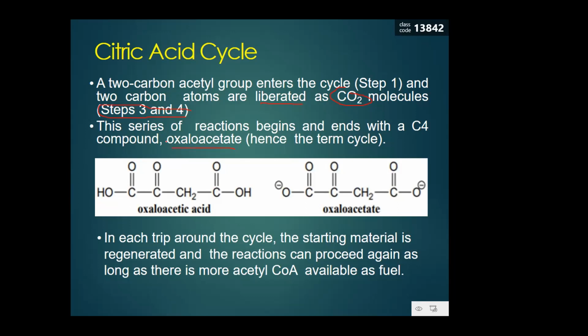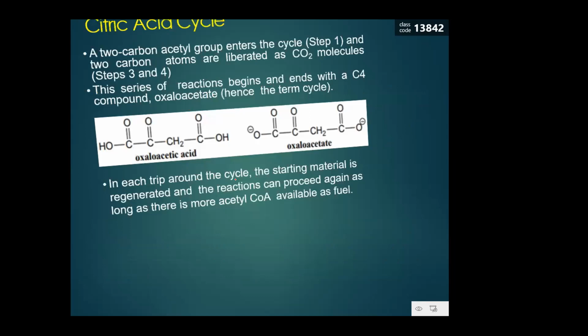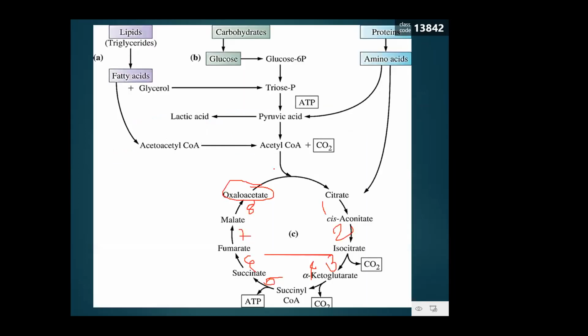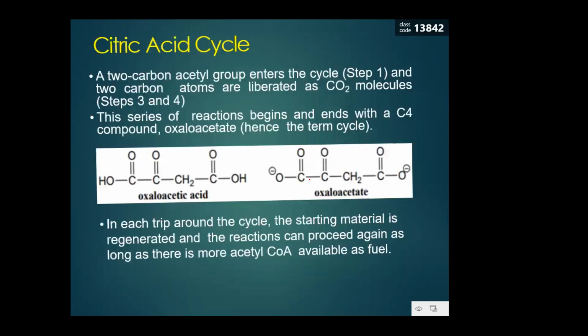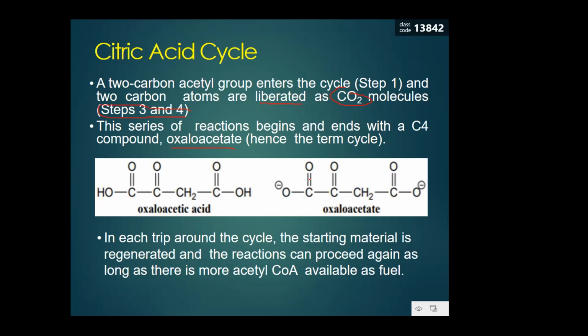So let's look at the cycle. Oxaloacetate will again react with acetyl-CoA to produce citrate. So it just continues. This citric acid cycle, or tricarboxylic acid cycle, is a continuous process as long as there is acetyl-CoA available.